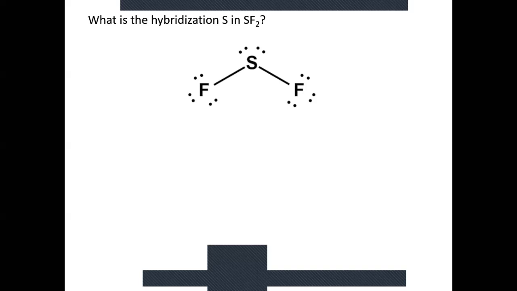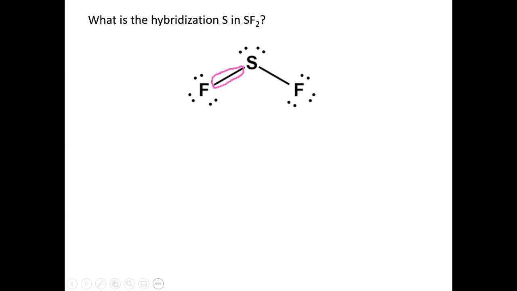And you see that we have 1, 2, 3, 4 electron pairs. So 4 electron pairs means sulfur is sp3 hybridized.